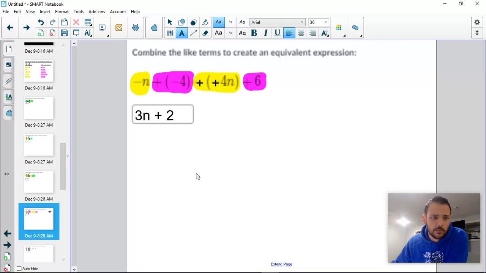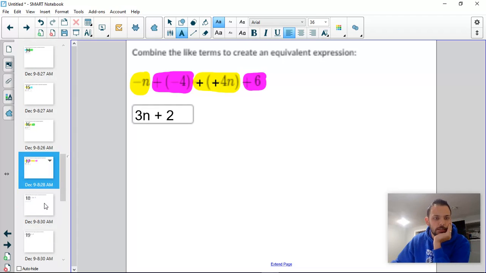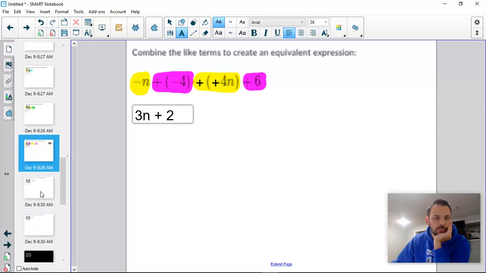So check out the Desmos Scientific calculator, and that'll be good. When you're doing it with the variable terms, with the negative 1n plus 4n, I would just put in the negative 1 plus 4 and then add the n back on, right? So you do negative 1 plus 4, that would give you 3, and then you just need to remember that it was 3n, not just a 3, or else you might get yourself in a tricky spot there.